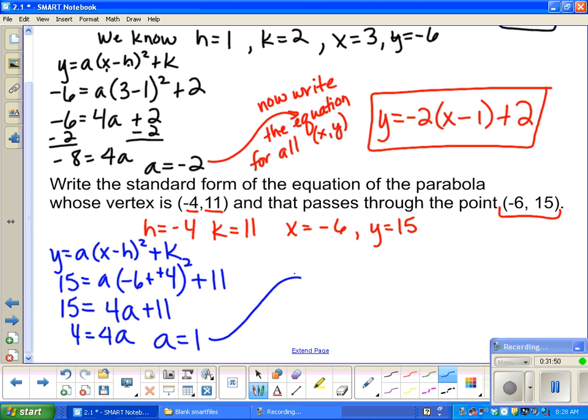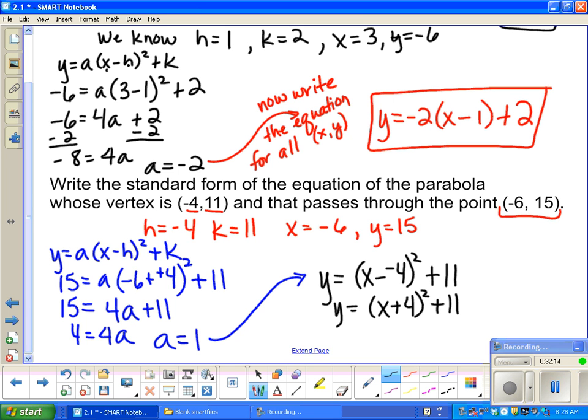So now we're going to take this, we're going to write it into the equation for all x, y. So y equal, a is 1, I don't have to write it down, x minus -4 squared plus k. Well, what's x minus -4? It's x plus 4 quantity squared plus 11. Now we can check this, okay?